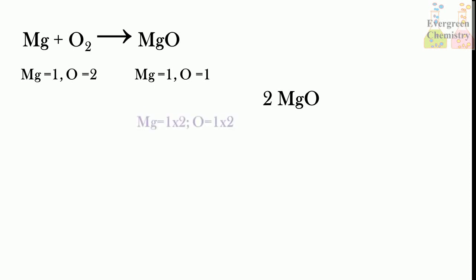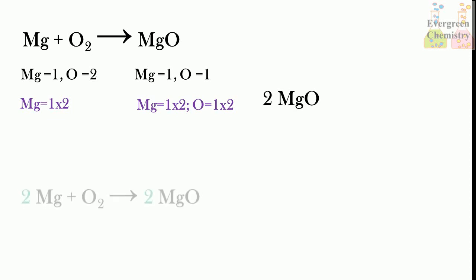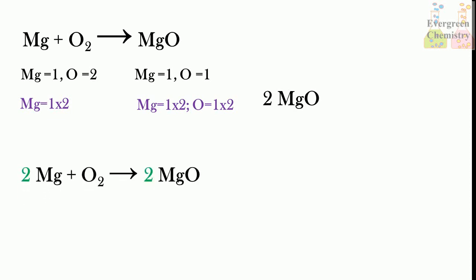So we have to equalize the magnesium atoms in LHS by multiplying the coefficient of the Mg element by 2. So the final equation will be 2 Mg plus O2 gives 2 MgO, right?